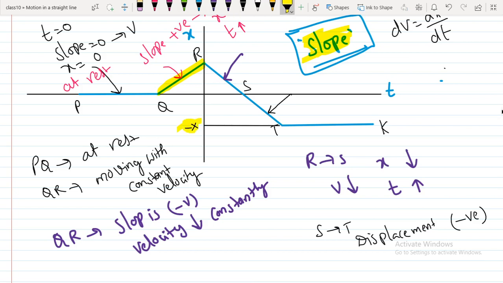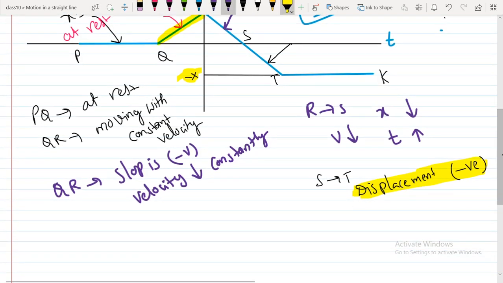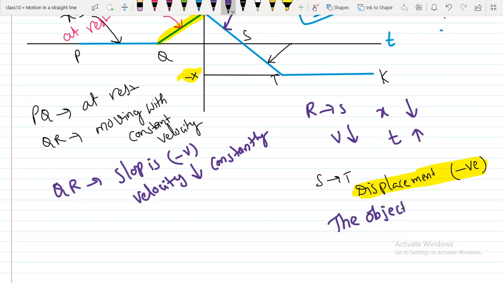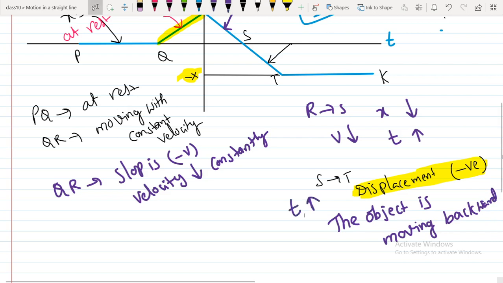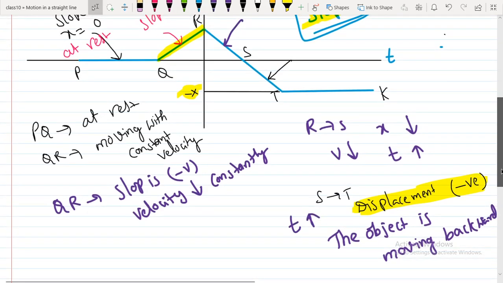Displacement is negative, which means the object is moving backward. That is the meaning of negative displacement. So here the object is moving backward, the displacement is negative, and time is also increasing. When the displacement is negative, obviously velocity is also negative.